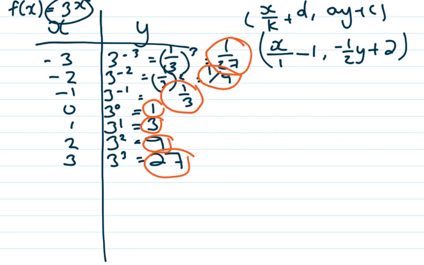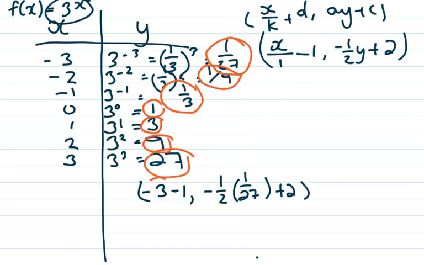So for the first point there, I would have x over 1, so I'm not going to write the 1. X minus 1, sorry, x was negative 3. So negative 3 minus 1, negative 1/2 times 1/27 plus 2.